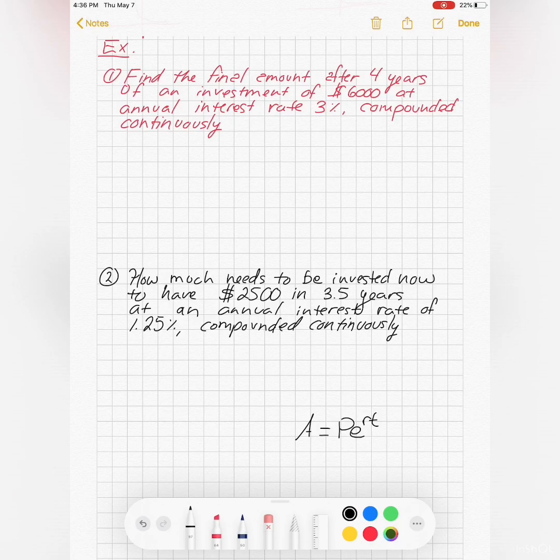If interest is compounded continuously, that means that additional interest is added in immediately. So you're immediately earning interest on the largest amount possible. So this PERT formula is for continuously compounded interest.